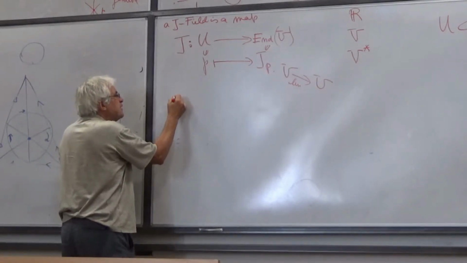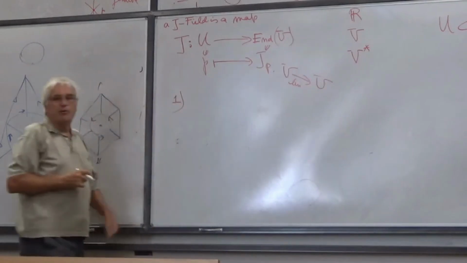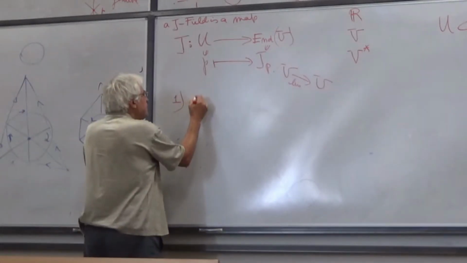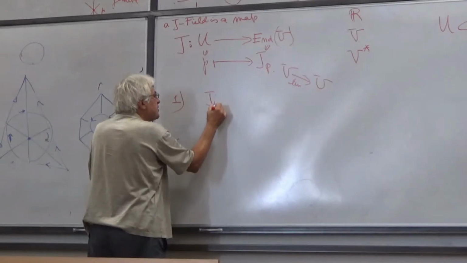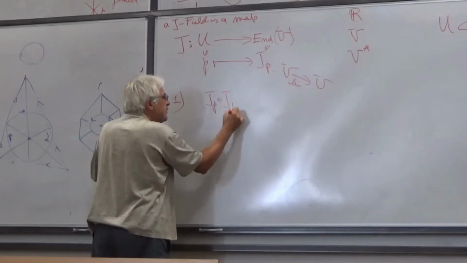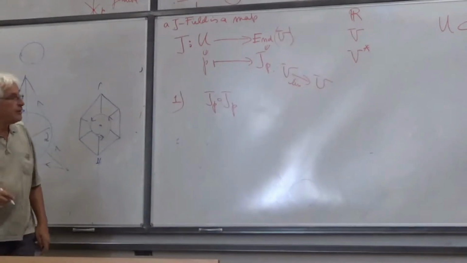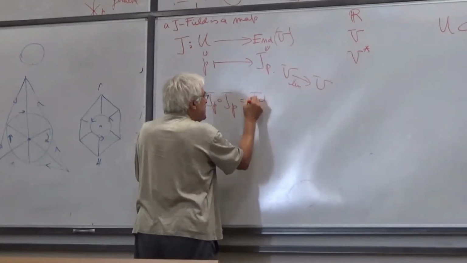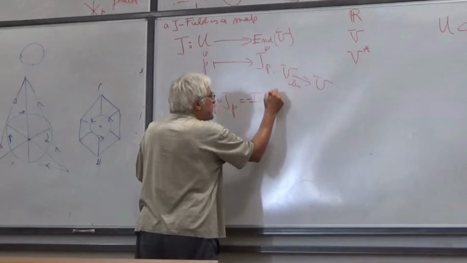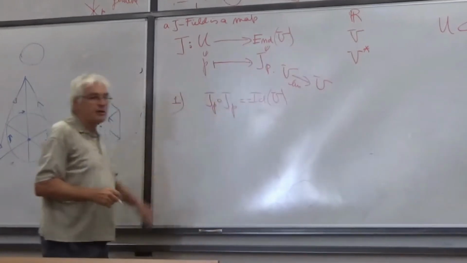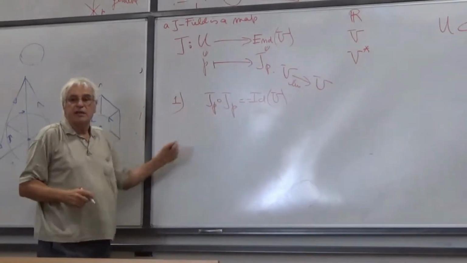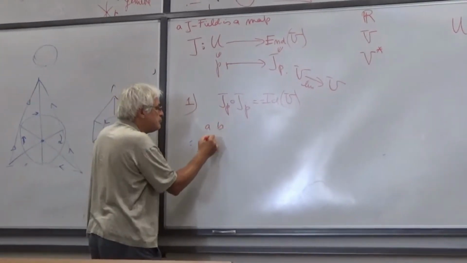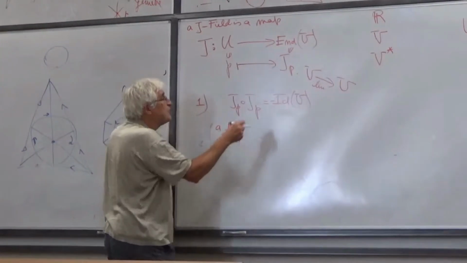The number of properties is in fact very short, only one property. I wish that at every point, if I compose JP with itself, this is minus the identity of the vector space V. So JP is a matrix, because it is an endomorphism.